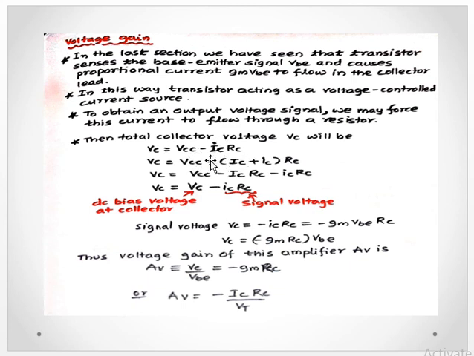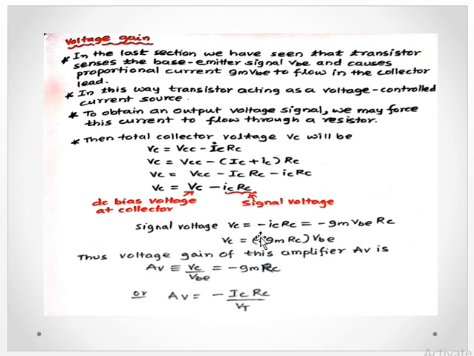So if you substitute the instantaneous current, IC plus signal current IC, and expand it, it will become VCC minus ICRC. This term can be written as the DC bias voltage at the collector VC, minus the signal voltage, minus ICRC.